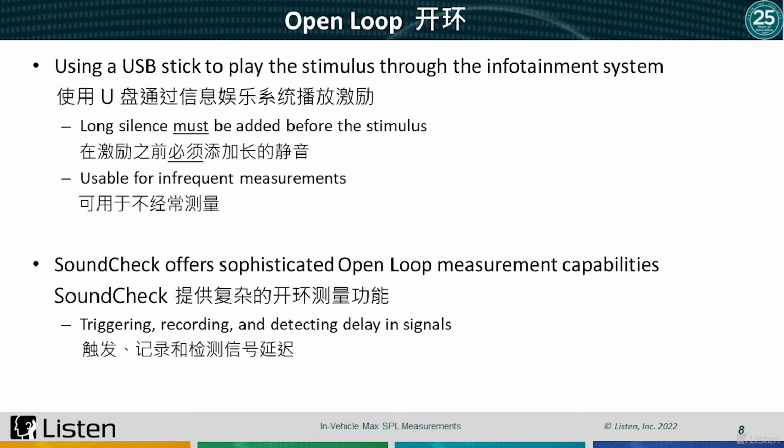In SoundCheck, we offer several different techniques for triggering a recording and automatically detecting the time delay in the measurement. And if you want to learn more, there's plenty of information about open-loop measurements on our website. Anyway, that's open loop testing in a car using USB drives.